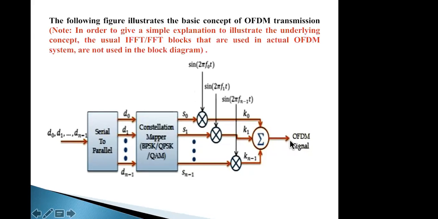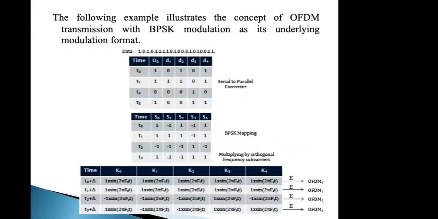This is the general principle everyone knows. If I am doing BPSK modulation, my data comes in at different intervals of time, T0, T1, T2, T3, and I wait at the serial to parallel converter because I'm using 4 carriers.